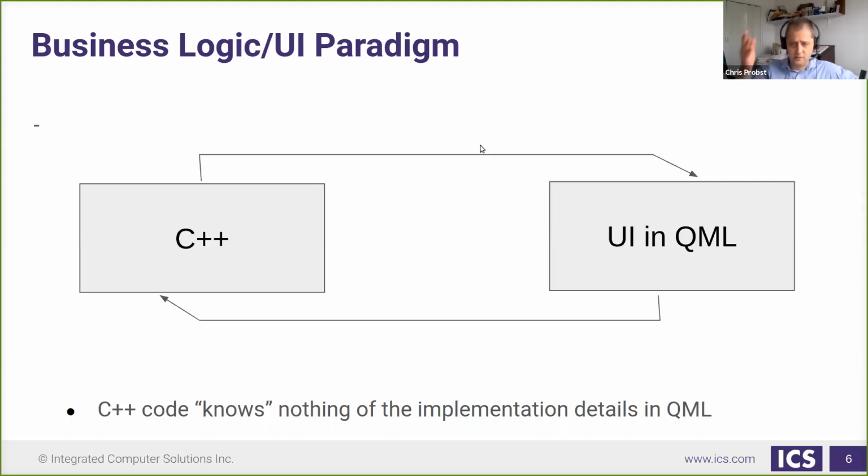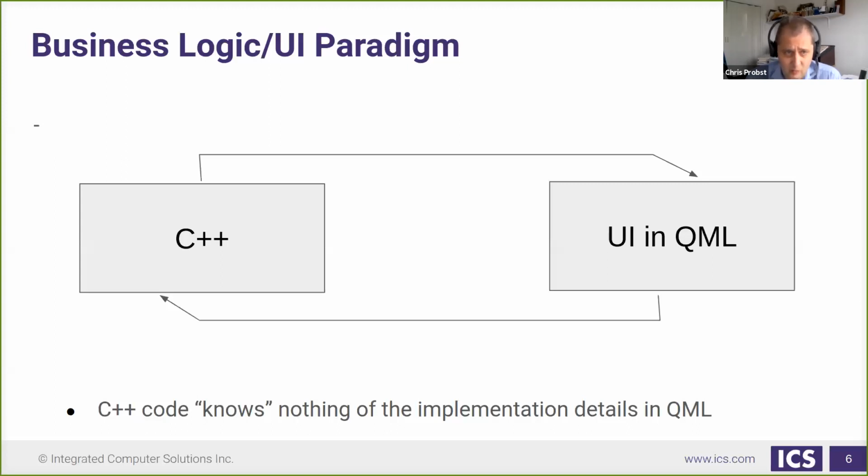And with Qt Quick, your UI will be in QML, and your business logic, or your model, if you will, will be in C++. And this nice separation has a lot of advantages. One is that you can independently develop the look and feel of your UI from the business logic that it is supposed to convey to the user.